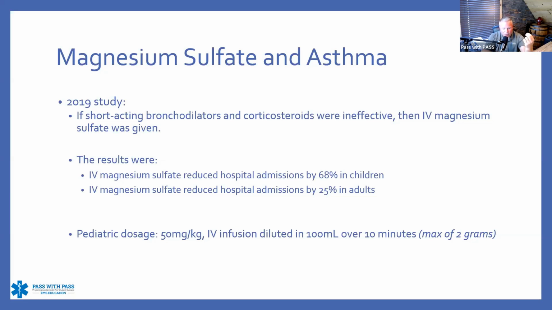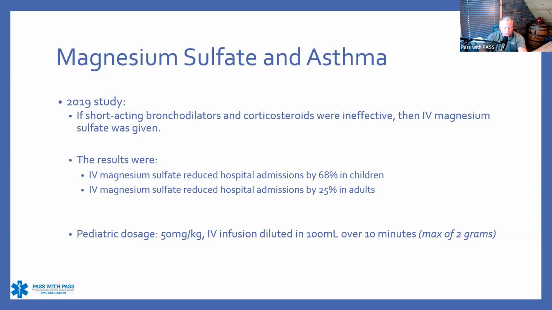It obviously can cause some things to get out of whack, but as long as we're doing it within an appropriate range and you're giving it after your conventional treatments like albuterol and ipratropium and maybe your corticosteroids, the outcomes are actually pretty favorable. As the protocols get looked at, this is something you may see become a little bit more prevalent in those situations.